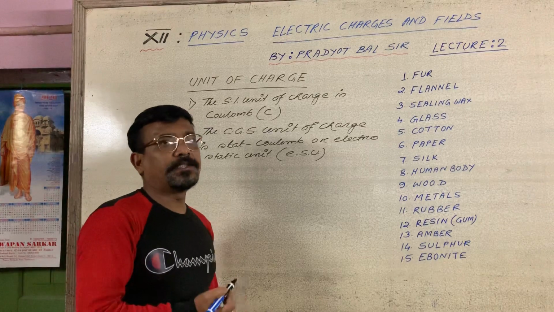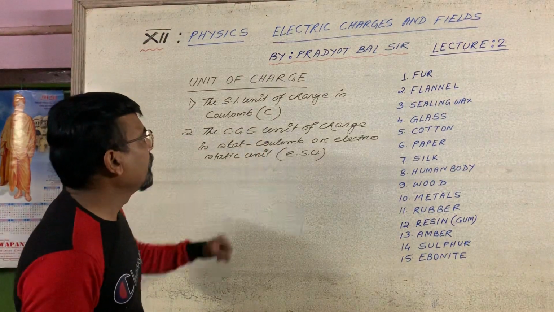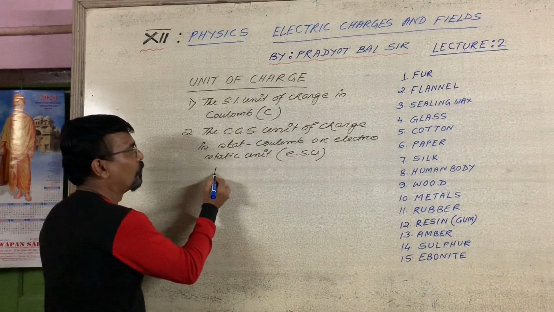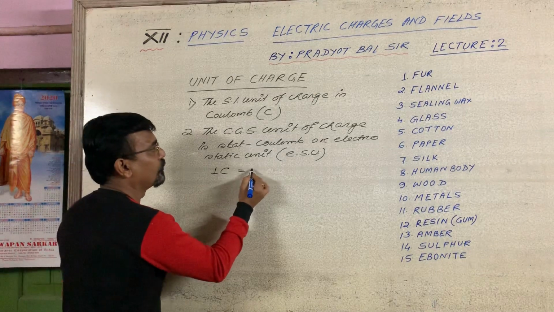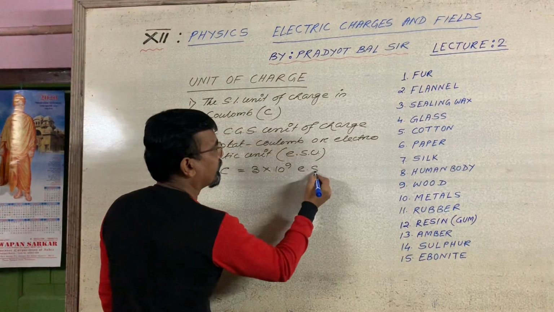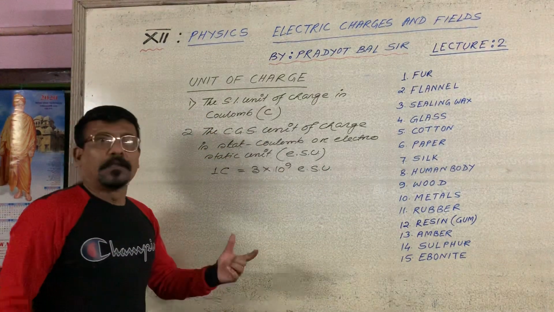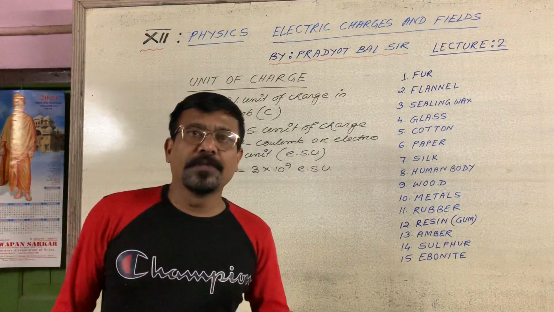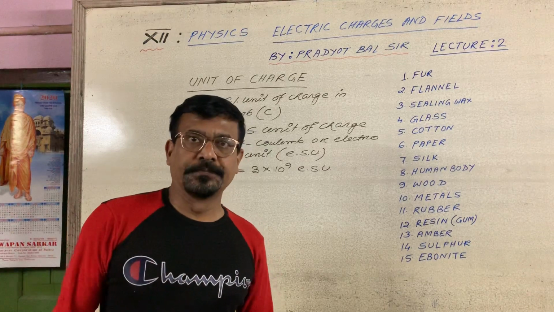Now, what is the relation between Coulomb and ESU? You must know 1 Coulomb is equal to 3 into 10 to the power 9 ESU. These are the two units widely used.